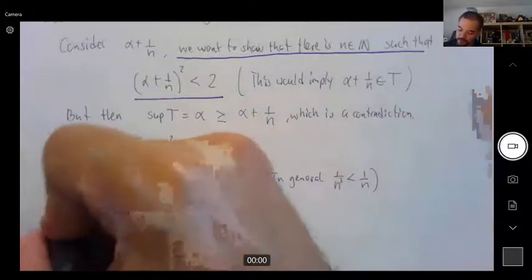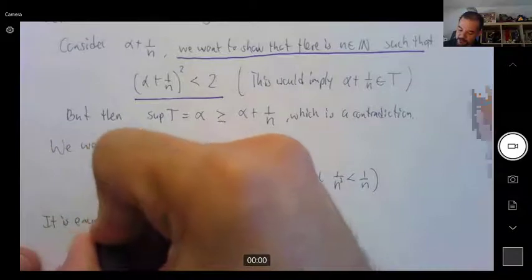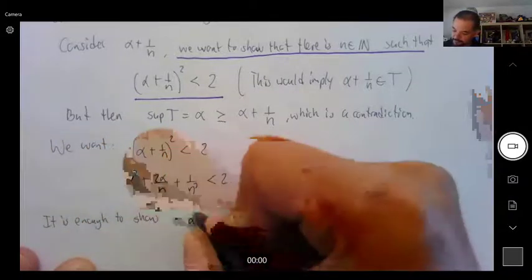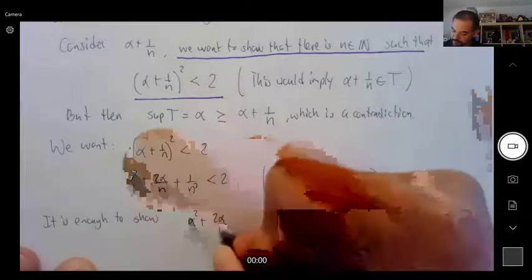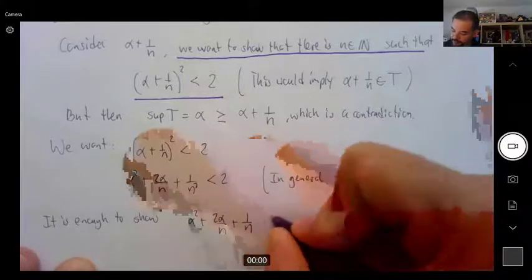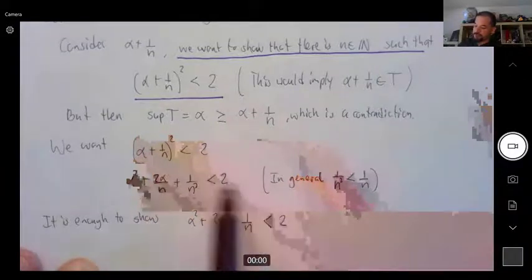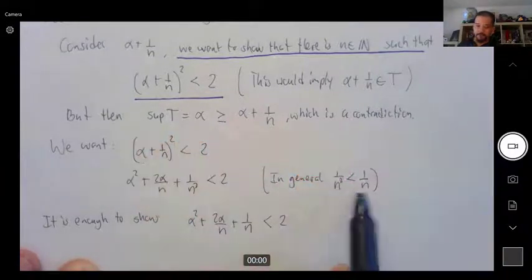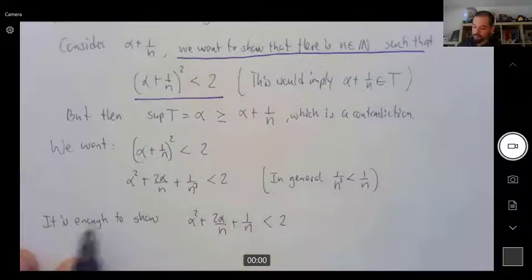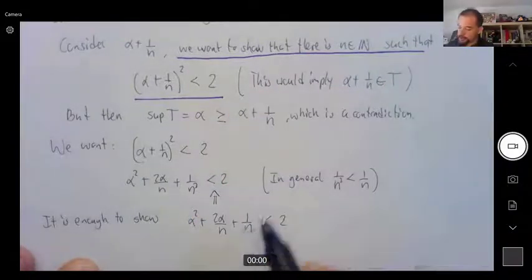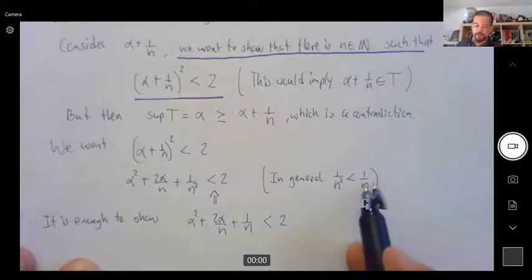So it is enough to show alpha squared plus 2 alpha over n plus 1 over n less than 2. So this one implies that one because of this inequality. That's why I wrote it is enough. This is not an if and only if. The arrow is like this: the bottom one implies the top one because of this.